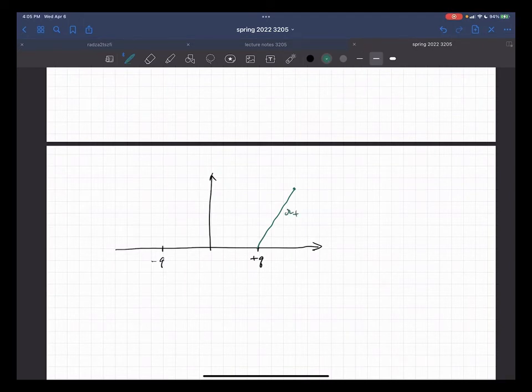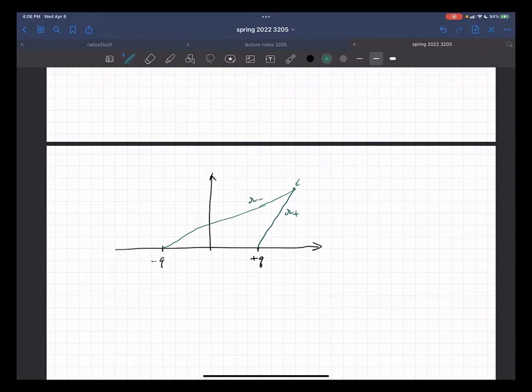And then this guy, let's call that R minus. So R plus is the distance of this point we're using to the plus charge, and R minus is that distance to the minus charge.